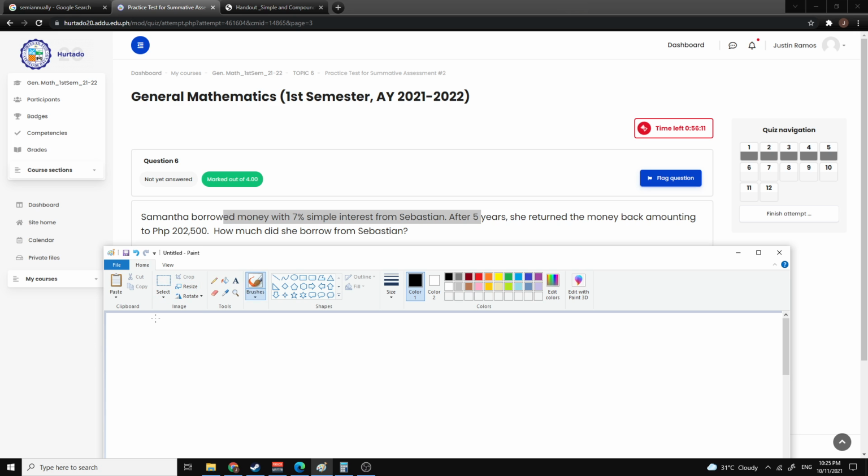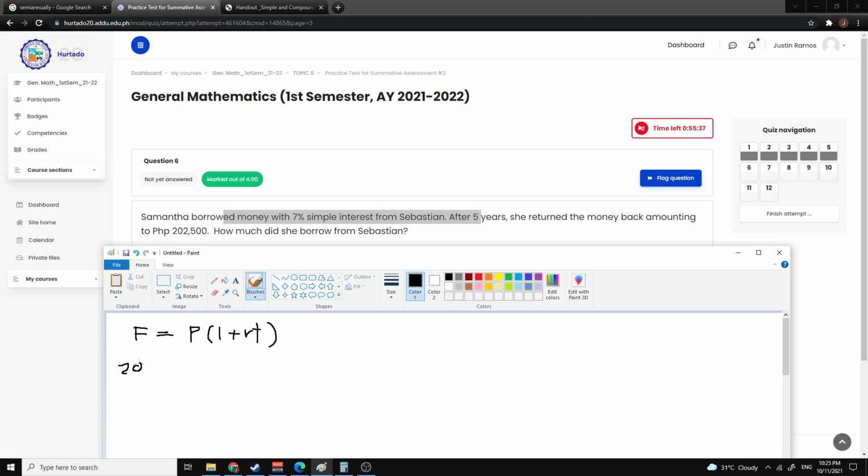So this is still simple interest, but since we have the future value, we're going to have to use the maturity value simple interest formula. The future value is equal to the principal value times 1 plus RT. That is the formula. So now we just substitute.